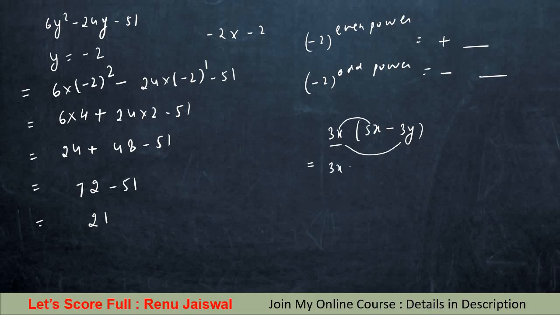Means 3x multiplied by 5x, here nothing, means plus, minus 3x into 3y. So I have multiplied 3x with 5x and 3x with 3y. So multiply the coefficients: 5x square, and then 3 and 3 is 9, and then the variable. We always write the coefficient first and then the variable.